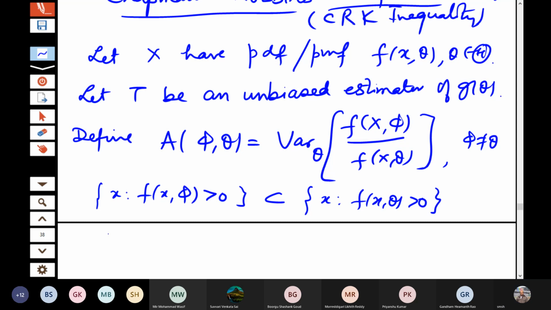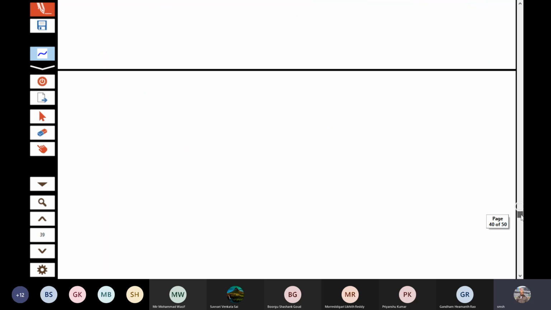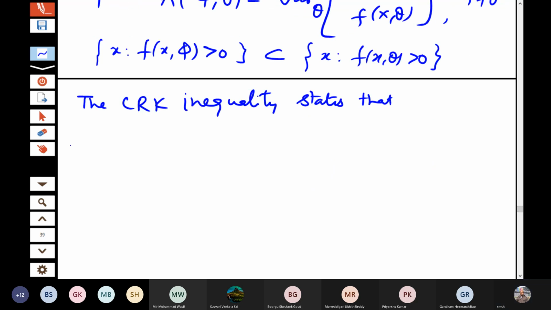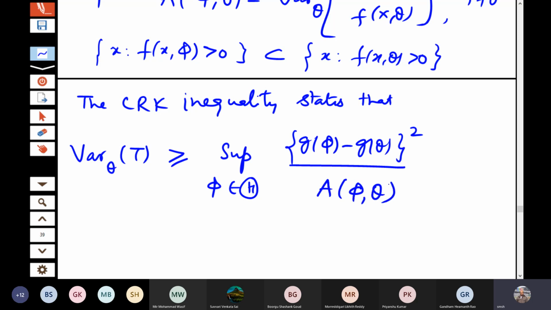So the CRK inequality states that the variance of T is always greater than or equal to the supremum over phi of (g(phi) minus g(theta)) whole square divided by A(phi, theta).